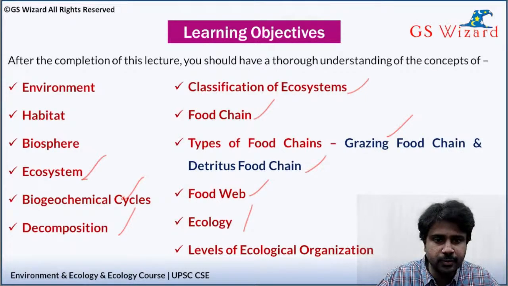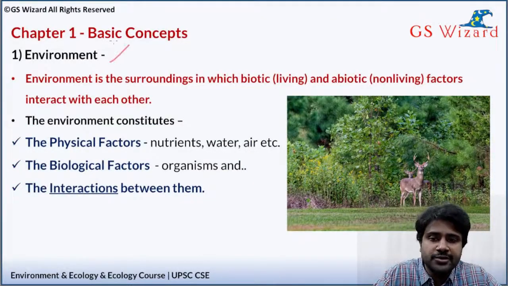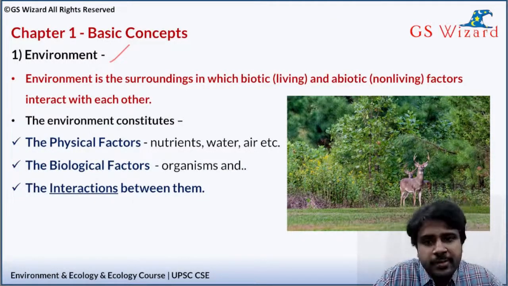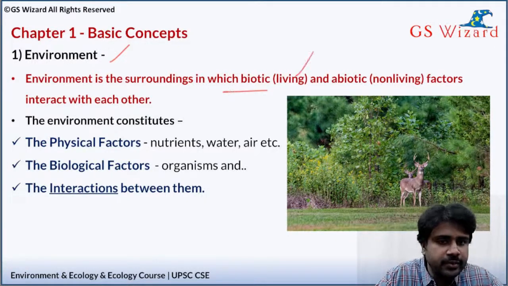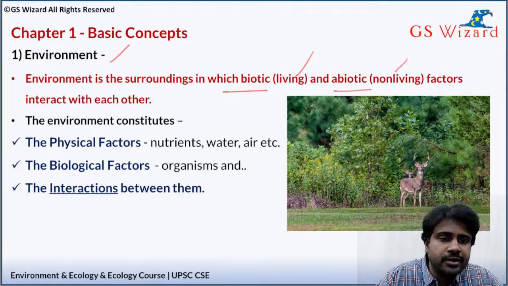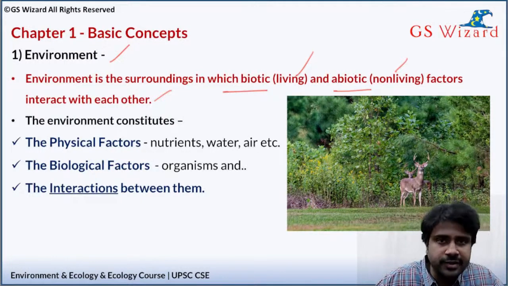Okay then, moving on. So, environment. Environment is the surroundings in which biotic, that is living, and abiotic, that is non-living factors, interact with each other. So just look around you. You find both living things and non-living things.